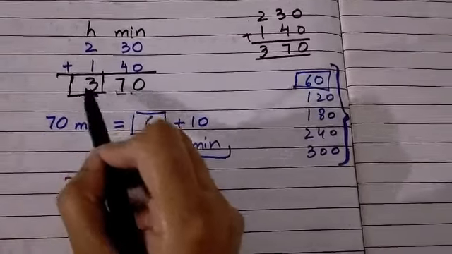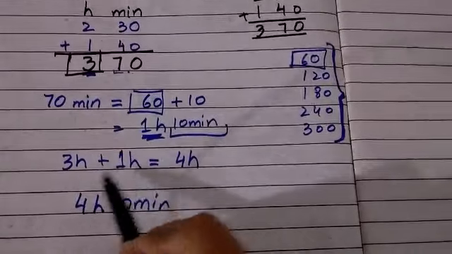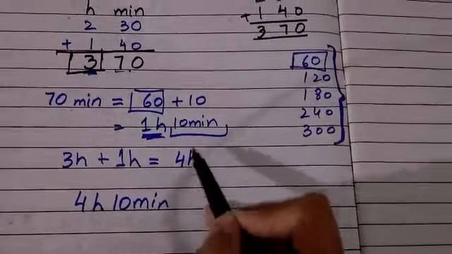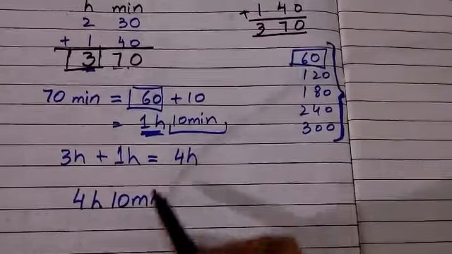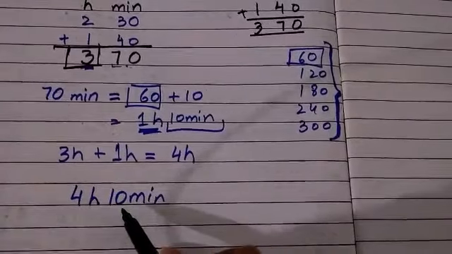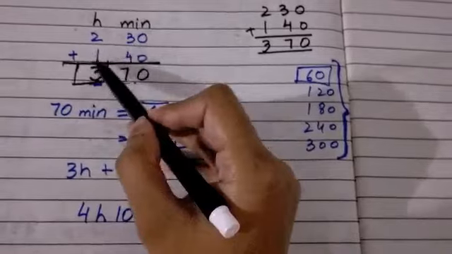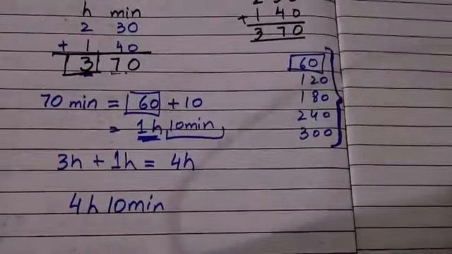Now we have to add this hour and this hour. 3 hours and 1 hour. It became 4 hours. Now what about this 10? It is left. You have to write these 10 minutes as it is. Now the final answer is, if you add 2 hours and 30 minutes and 1 hour and 40 minutes, that is equal to 4 hours and 10 minutes.